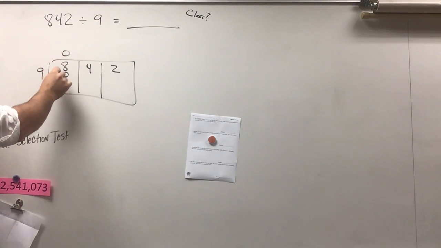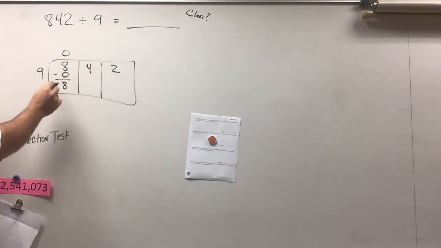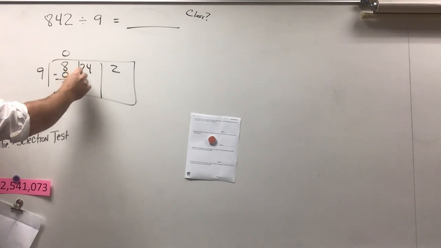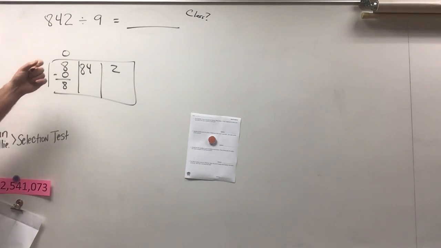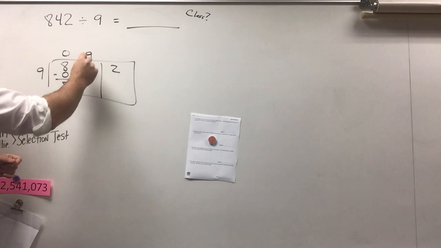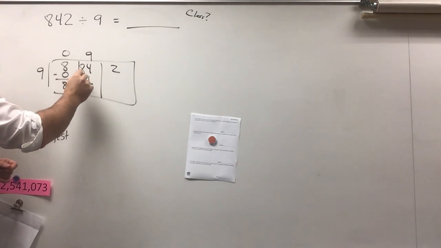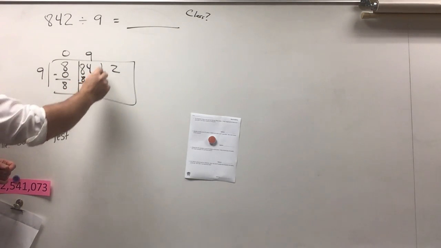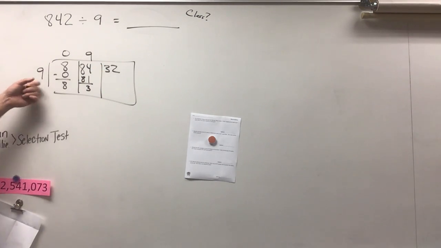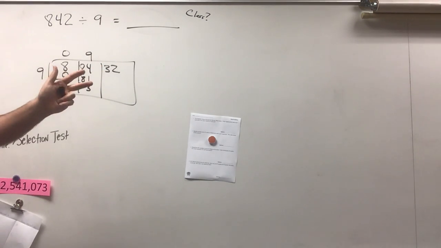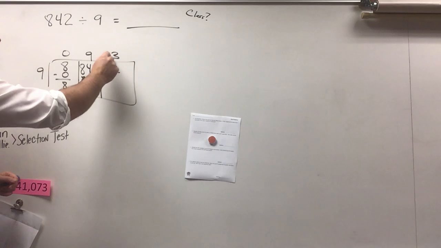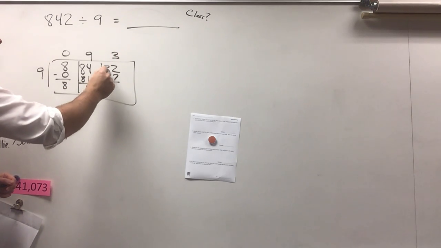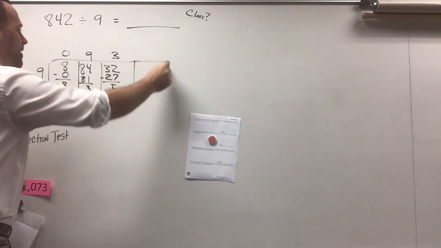I got a 0 here, 0 here, subtract. It's 8. 8's less than 9, that's good. Bring it up. I know that 9 times 9 is 81. So when I subtract, I get 3. Bring my 3 up. I can count by 9s: 9, 18, 27. 3 times. I've got 27 there. Subtract to get 5.